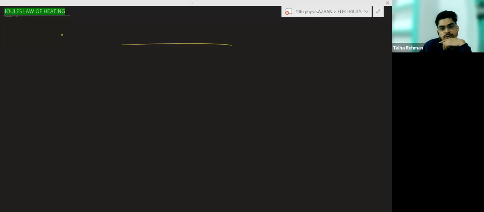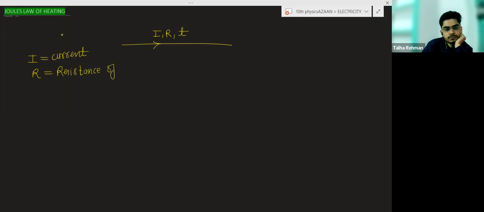Suppose this is a wire, and in this wire the current I is flowing, and R is the resistance of the wire. This current is flowing for time t. Then the heat produced in the wire is given by H equals I square RT.